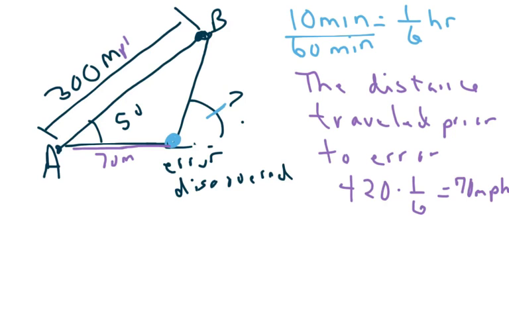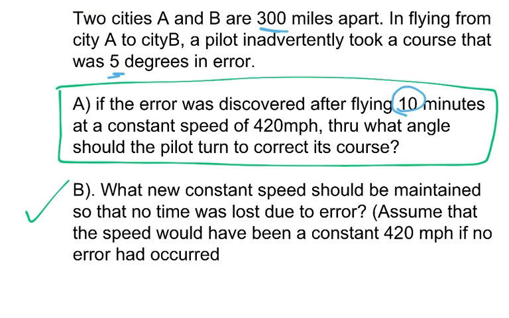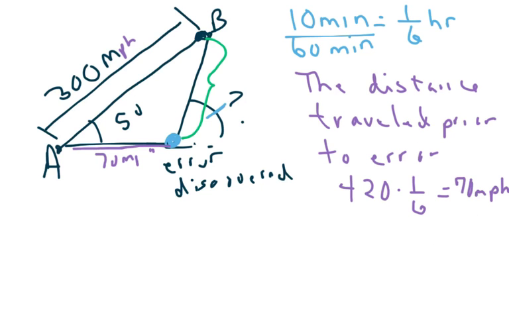Now, to find A, which is this length here, which is the first question, we have to find through what angle the pilot should turn to correct its course. So what we're going to do is find A first and then find beta.